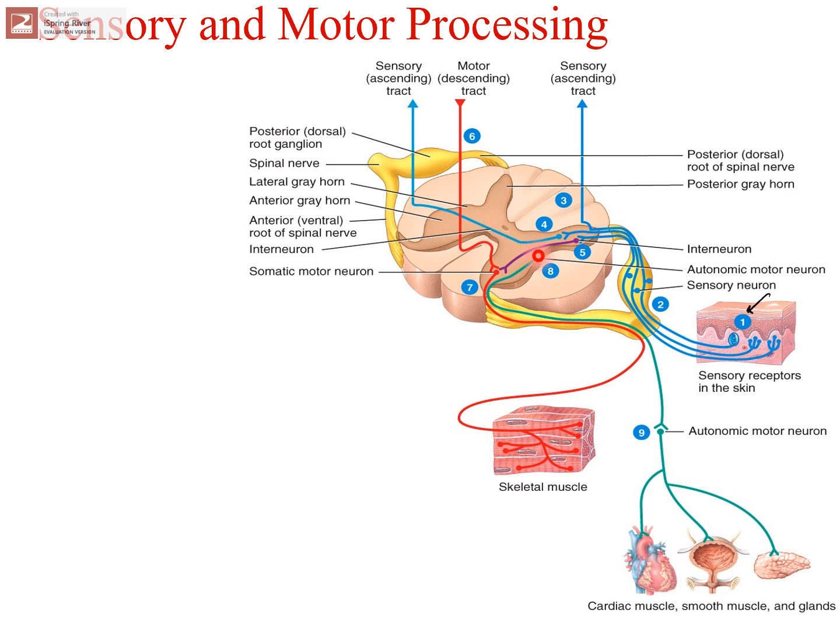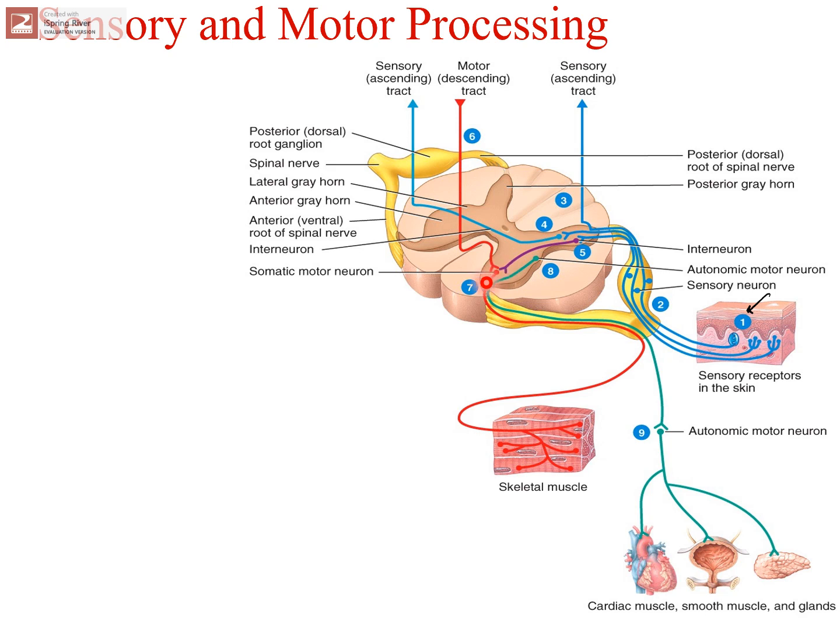And the third path of the sensory neuron is that the axon can enter the posterior gray horn and then synapse with the interneurons.